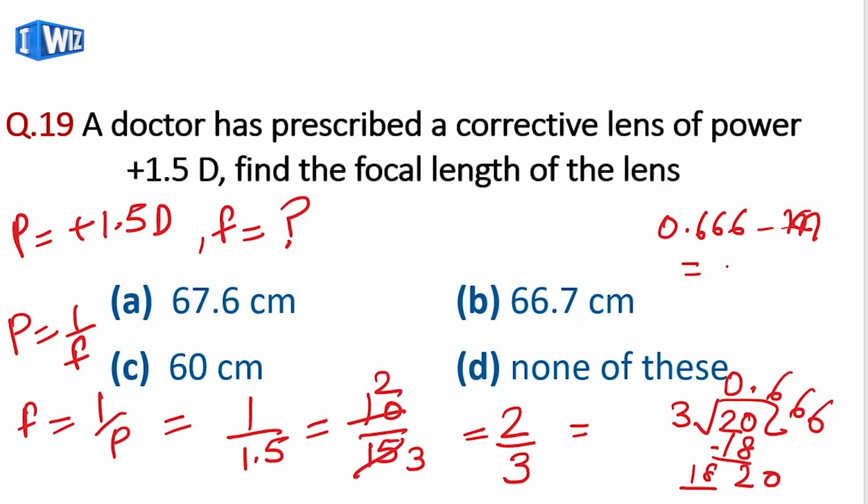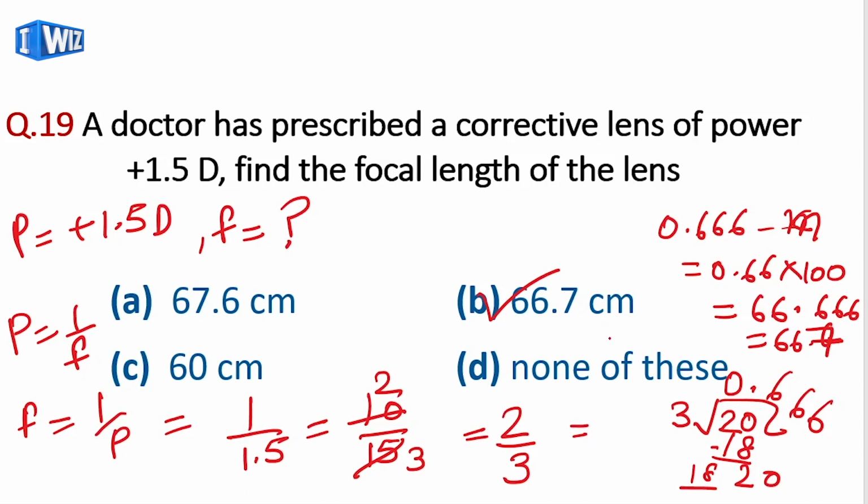So what you will do here, you will just multiply it with 100 to convert meter into centimeter. So it will be 66.666, which you can also round off to 66.7. So the right option is 66.7 centimeter. Okay. So now come to the next one.